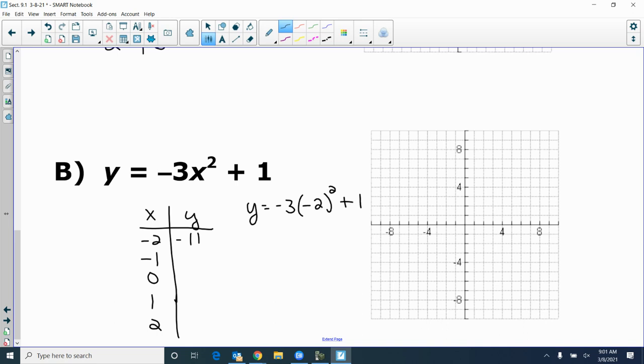Okay, -2 squared. You have to follow order of operations. What's -2 times -2? It is +4. Now, -3 times 4 is -12, and -12 plus 1 is -11. So that's where we get that.